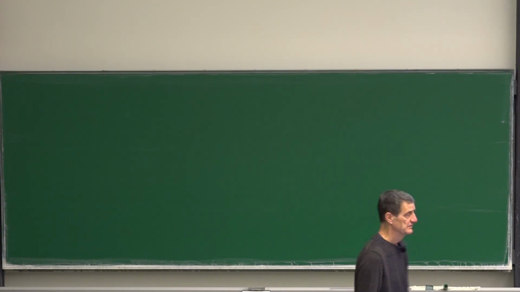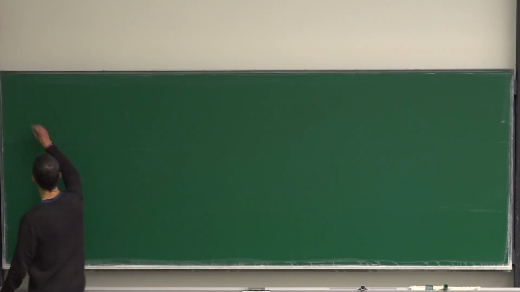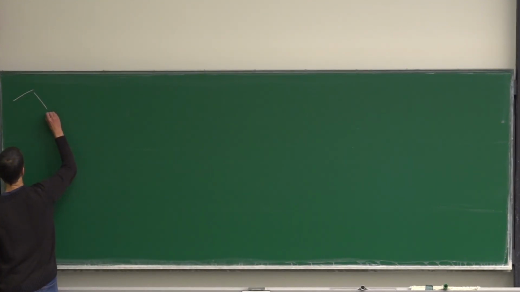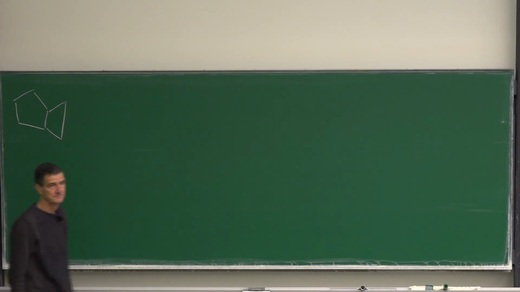So this graph here is a union of 2 even subgraphs, this cycle and that cycle. This edge lies in both. That's fine.